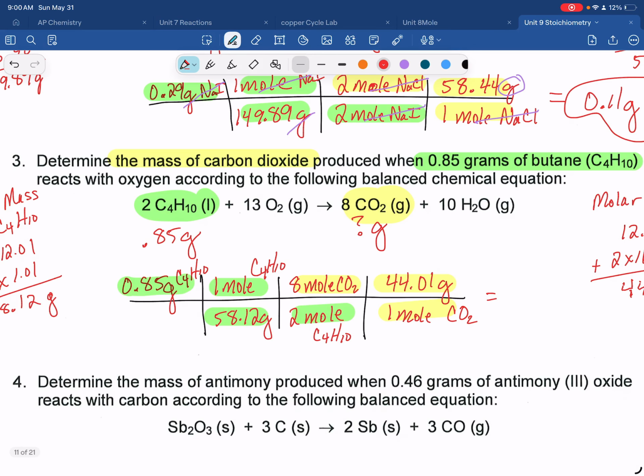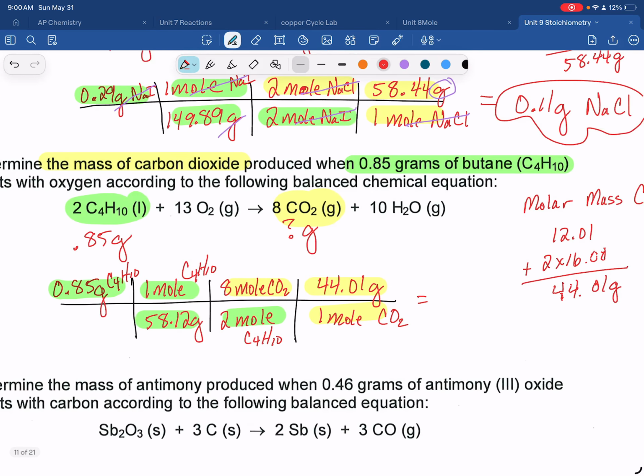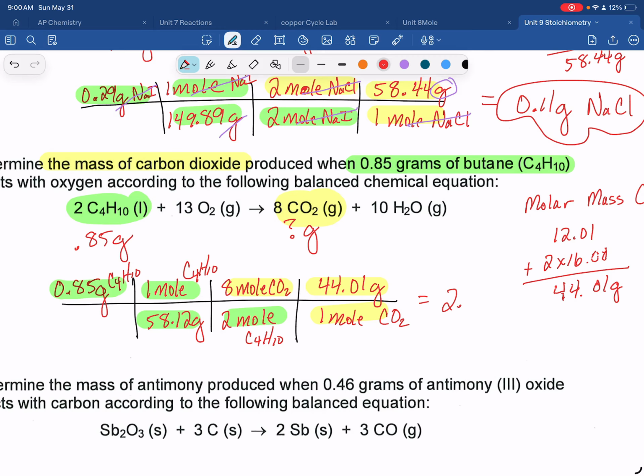Multiply across the top, divide by what's on the bottom in your calculator, and we get 2.57 grams of CO2. Oh, I didn't cross it out. Grams, yay. Moles, yay. Moles of CO2, yay. And we're left with grams. All right.